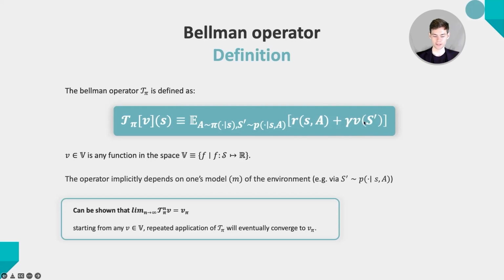If we look at V here, then that would be the value function, as we said. And what's very important to note with this expression is that the Bellman operator depends implicitly on the model that we choose for the environment. And that's where this really connects to value equivalence. So if you look at the expression here, for example, S prime equals the probability distribution of S and A, this probability distribution depends on our environment.